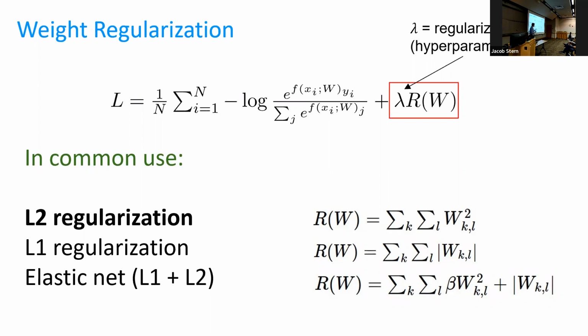Using these helps us generalize to the test sets better. But if you think about it, is a network with smaller weights really any more simple than a network with large weights? It's a good question, and I don't think I have a good answer for you other than that. Yeah, what do you think?